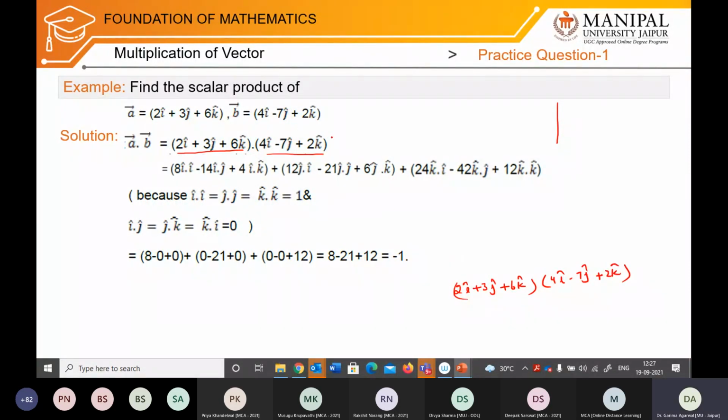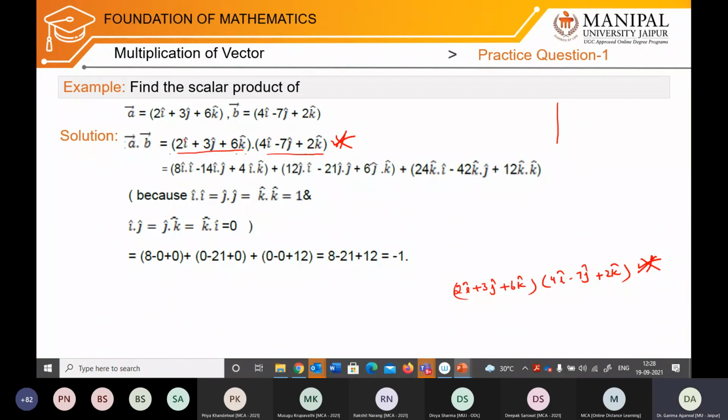Without using any dot, these two expressions are not the same. Please note, in vectors these two are not the same, because here we are not using the dot product, but here we are using the dot product, right? So the dot is very important in vector calculus, so don't take it lightly, right?